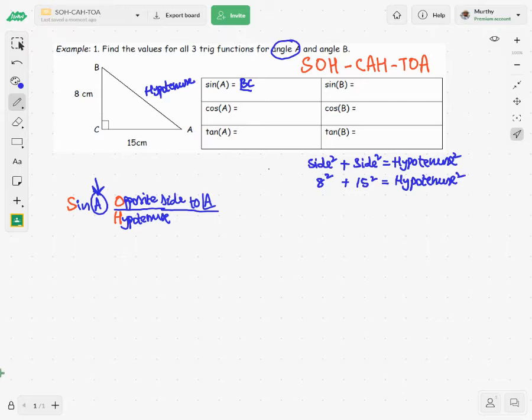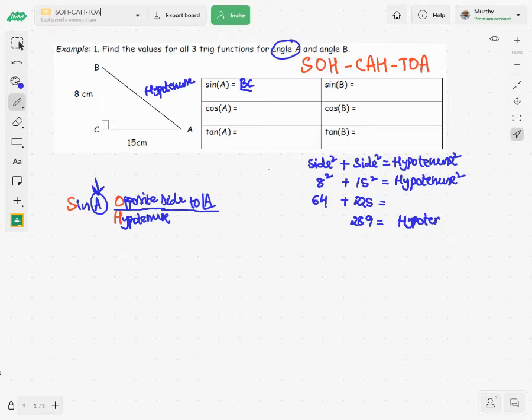It is not 8 times 2, it is 8 times 8. That gives me 64. What is 15 square? It is not 15 times 2, but it is 15 times 15. That gives me 225. So let me add these two. It is 289 equals hypotenuse square.